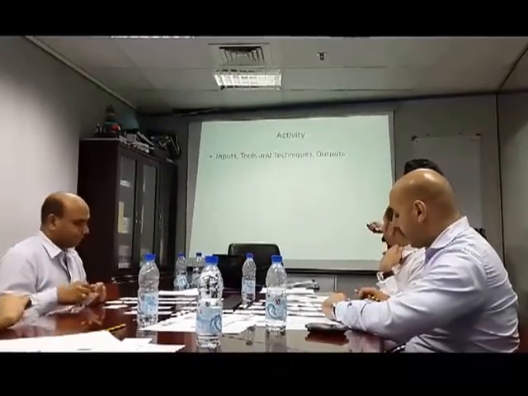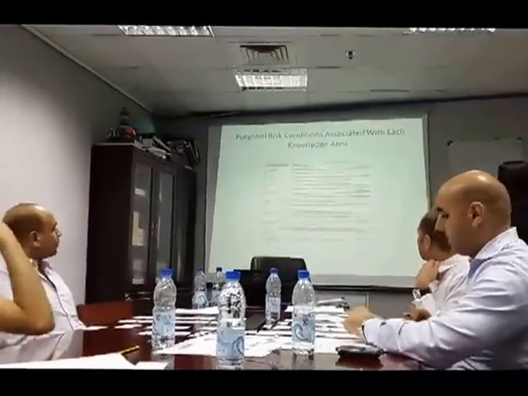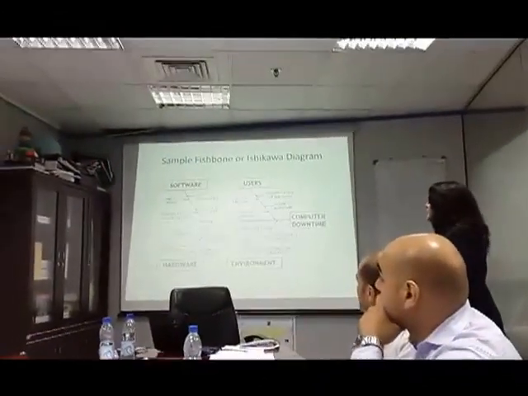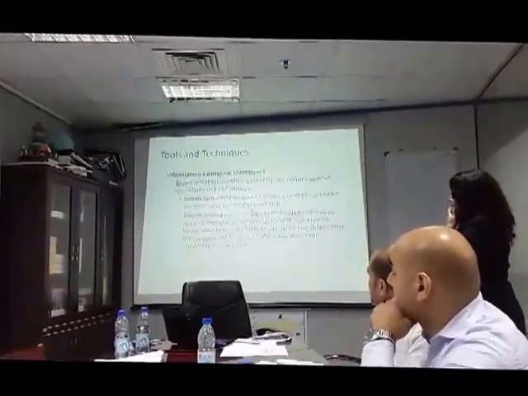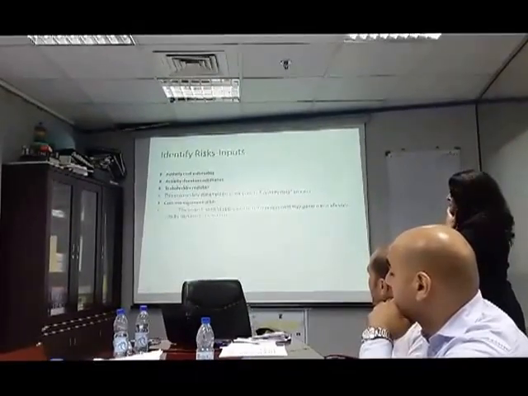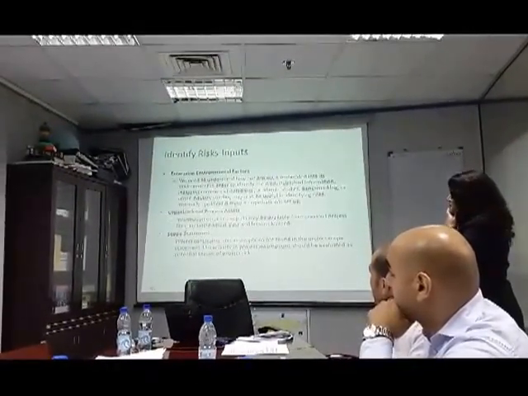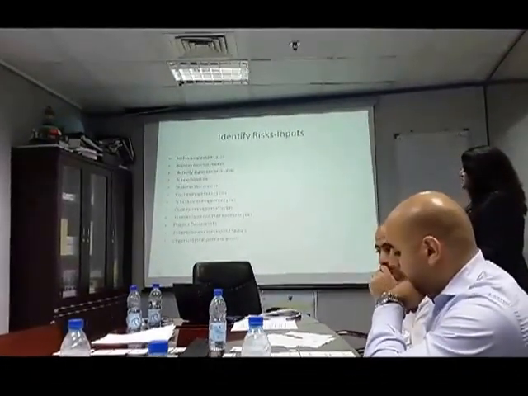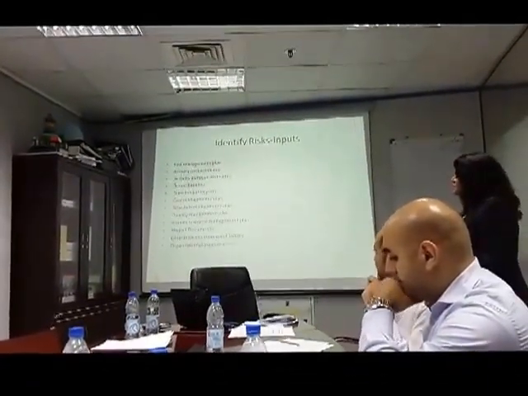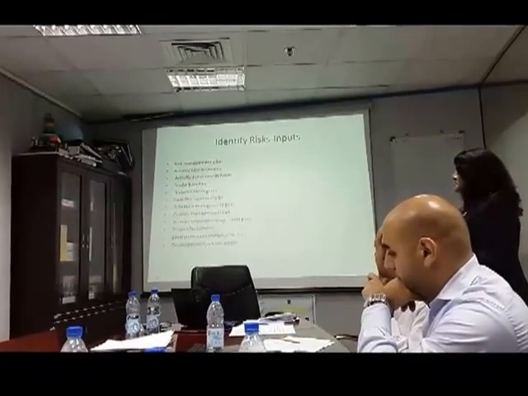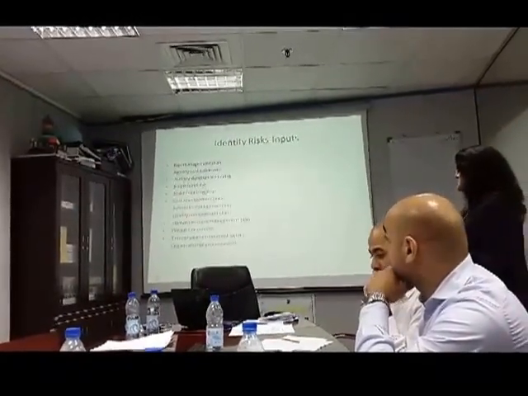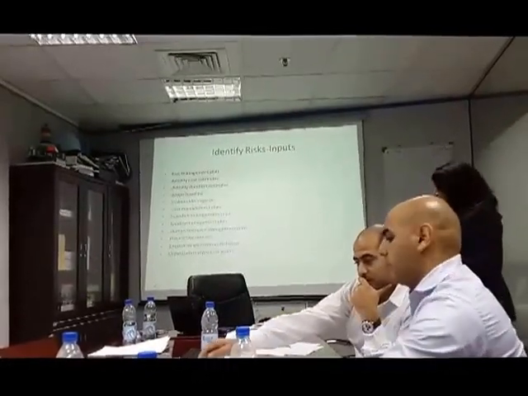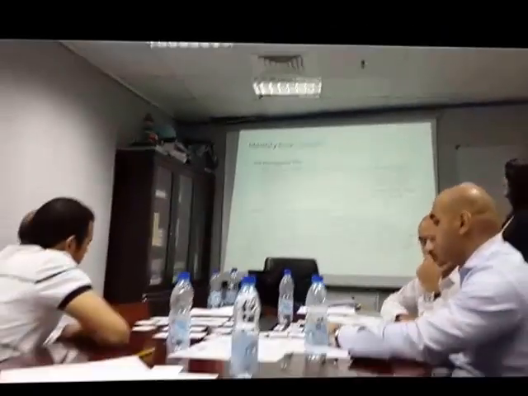So if we go back and have a look at our inputs, here they are. We start with risk management plan, activity cost estimate, activity duration, scope baseline, stakeholder register, cost management plan, schedule management plan, quality and human resource management plan, project documents, enterprise environmental factors, and organizational process assets.